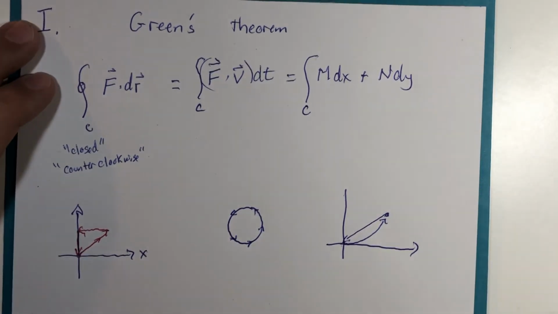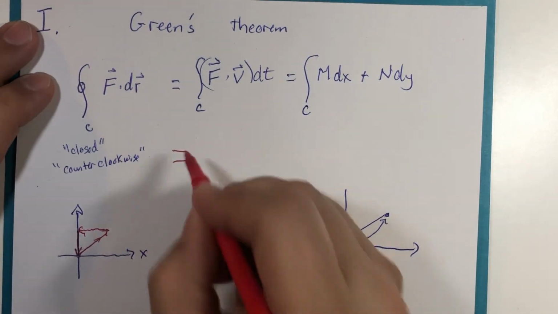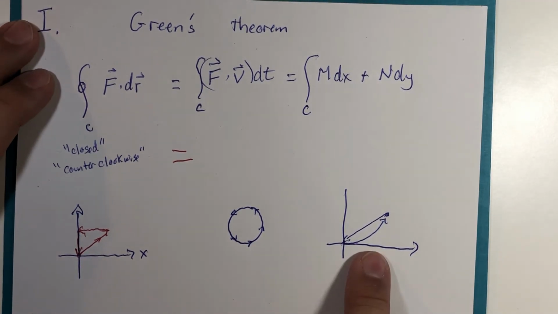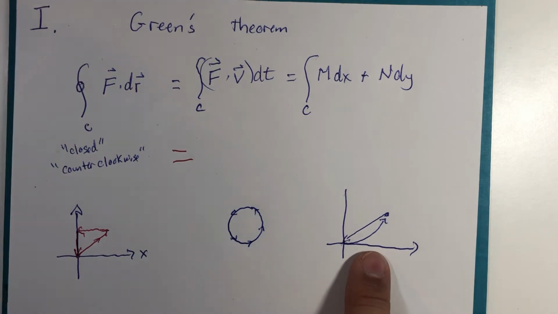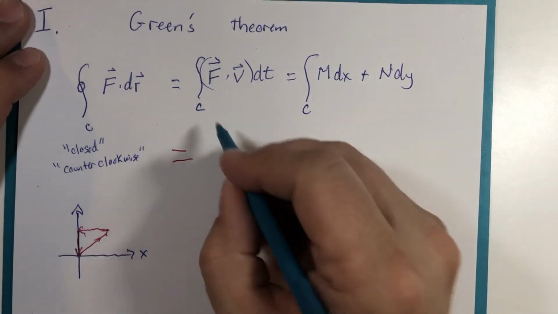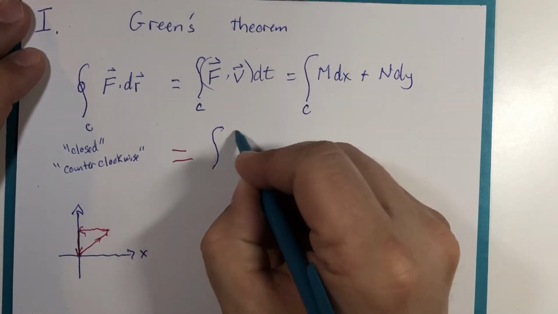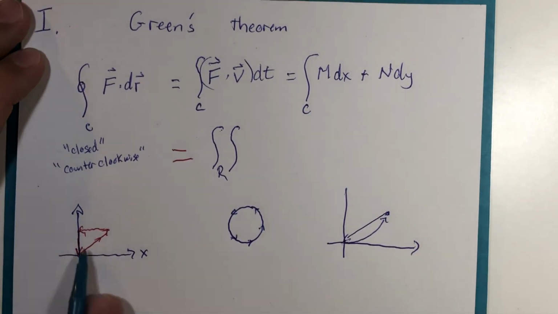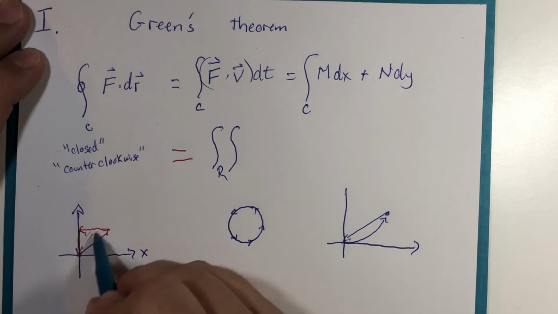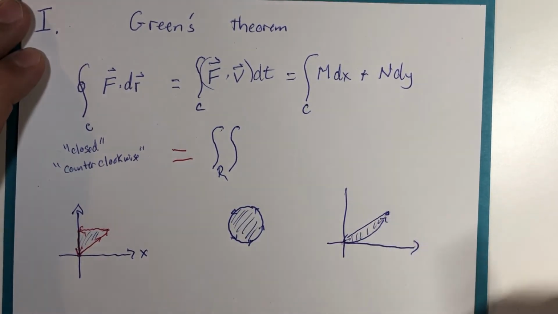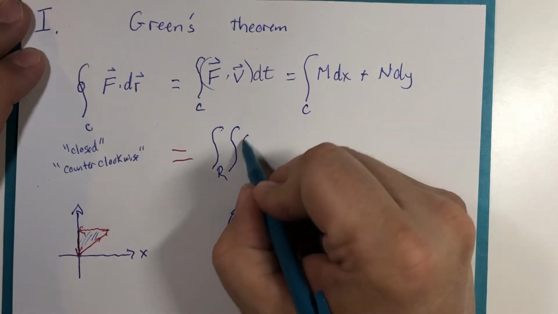Now, Green's theorem. If we have these closed regions, and this is stating the theorem, not proving or deriving the theorem, it's equivalent to a double integral expression, and the region would be these regions, here, here, here, and here.